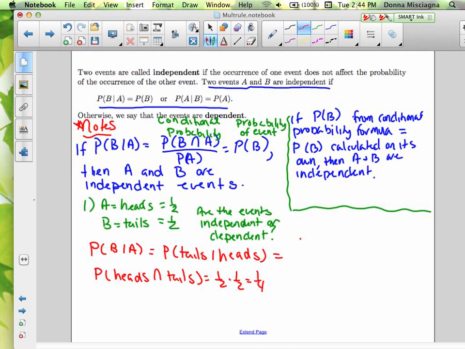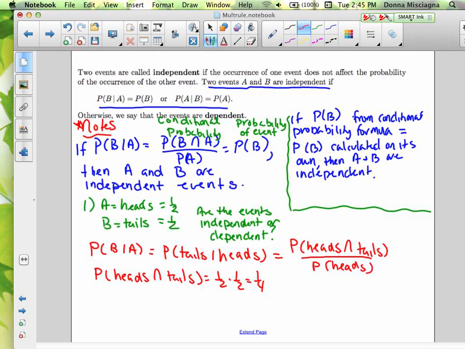So we're going to take that 1/4 and then divide it by the probability. Actually, maybe I'll write that out. So here we're calculating the probability of heads and tails divided by the probability of the given, which is heads.